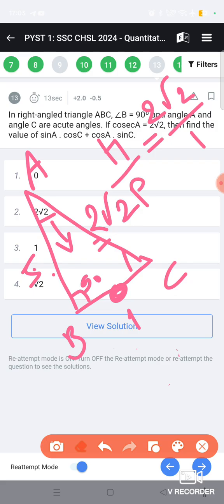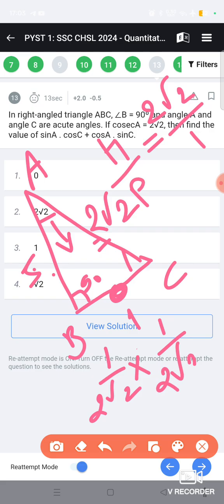Perpendicular is 1 by hypotenuse, 2 root 2, into cos C. Cos is base by hypotenuse. Base is 1 and hypotenuse is 2 root 2.